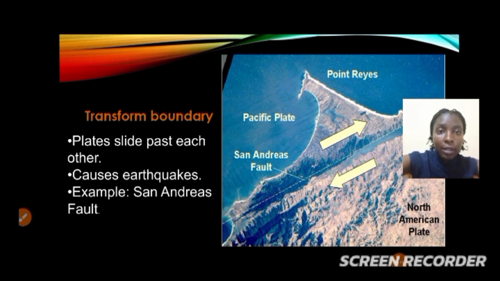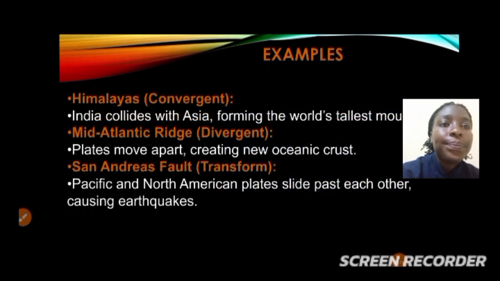And we have talked of the transform boundary, where an example is the San Andreas Fault, where the Pacific plate moves past the North American plate. You can imagine something moving past each other like this. We have this phone and something else that move past each other. So this leads to the transform boundary.